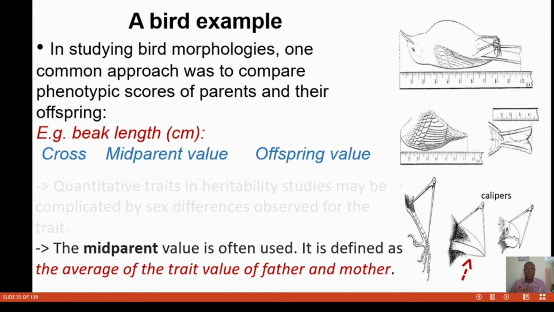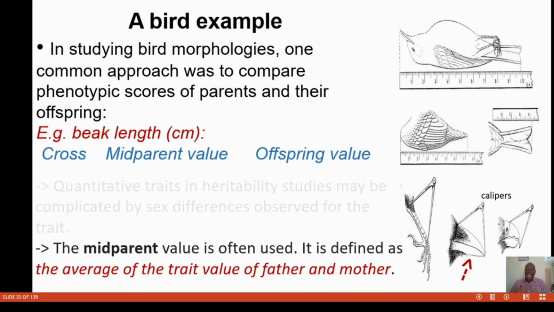But as said before, in studying bird morphologies, one common approach in previous studies was to compare phenotypic scores of parents and then their offspring.